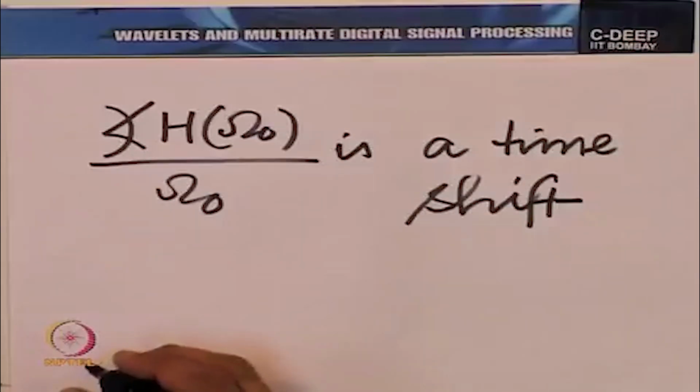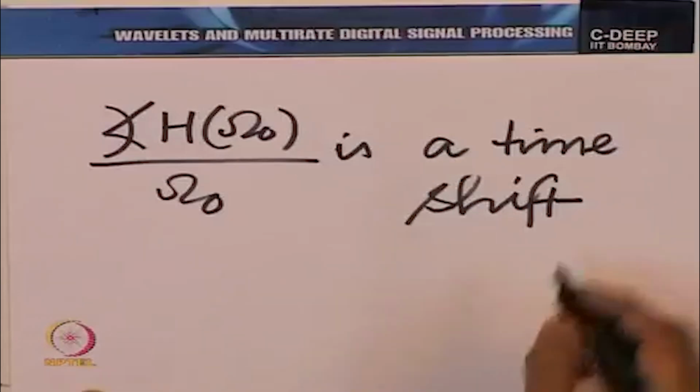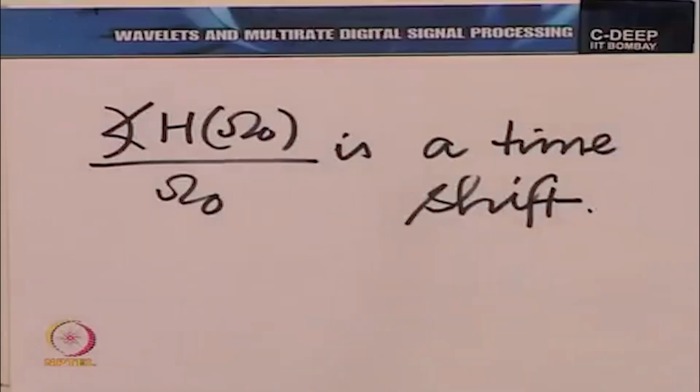Now, just in case it is independent of Ω₀, we have a good situation. So, this time shift actually is what is called a necessary evil in the frequency response. Most of the time when we give specifications for designing a filter, whether it is in the analog domain or in the discrete time domain, we do not really want a phase response.